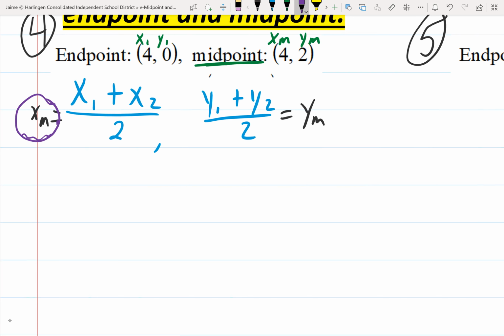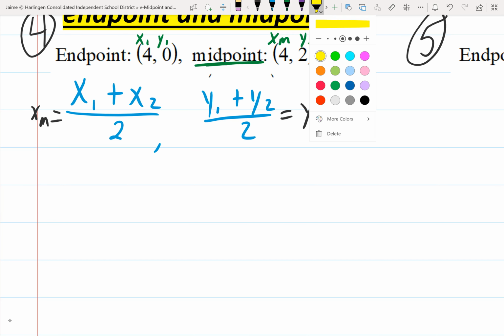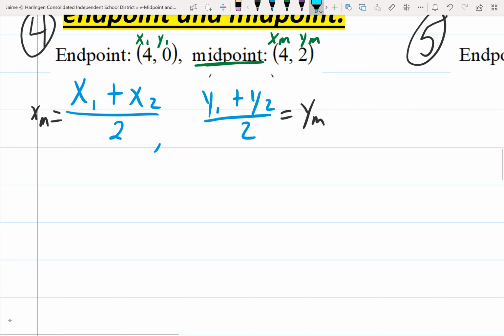xm is right here. I'm going to plug that in right there. So xm is 4.